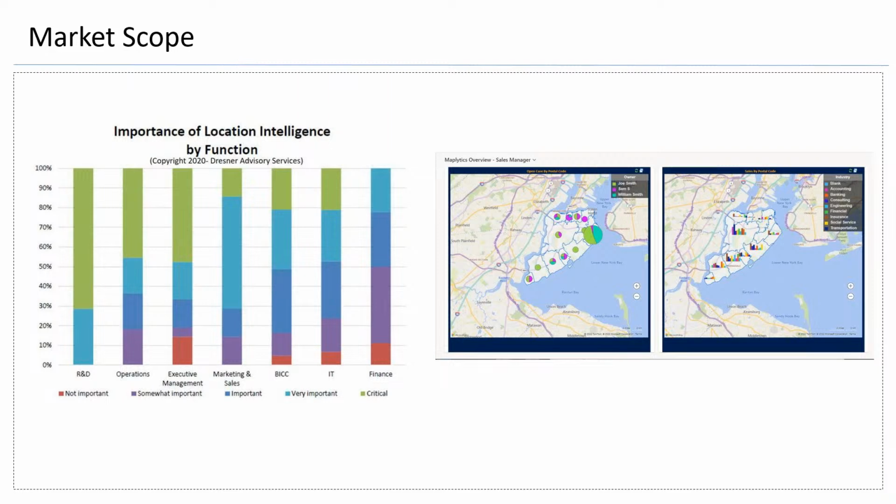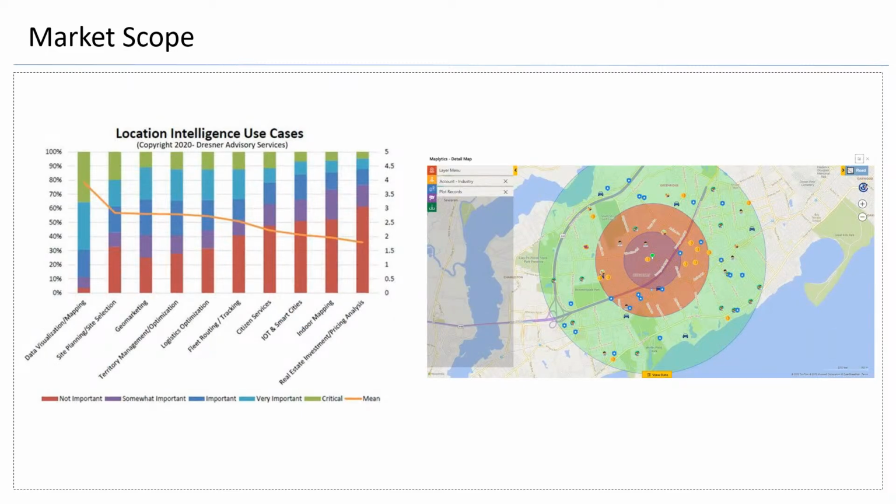Let's have a look over this chart that shows various use cases that require the locational intelligence. Use cases like data visualization, fleet routing and tracking, and many others are of great importance in various organizations. And Maplytics is one such solution that will help you to fulfill all of these use cases.